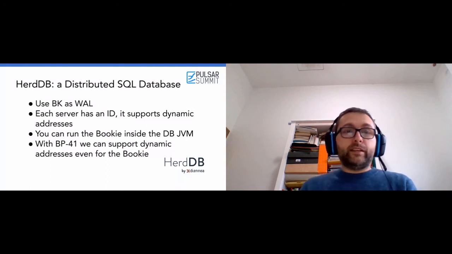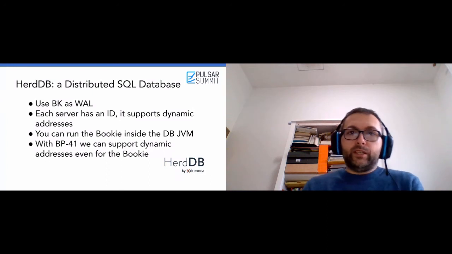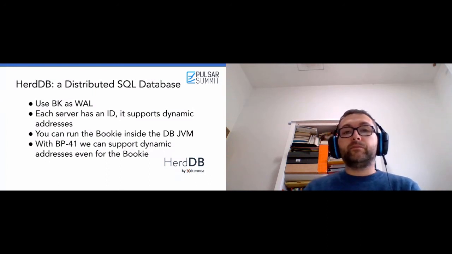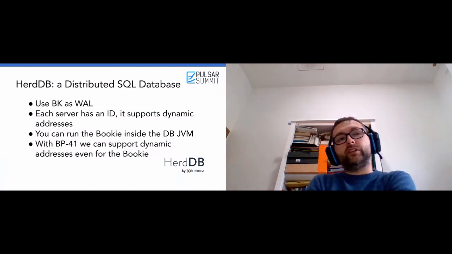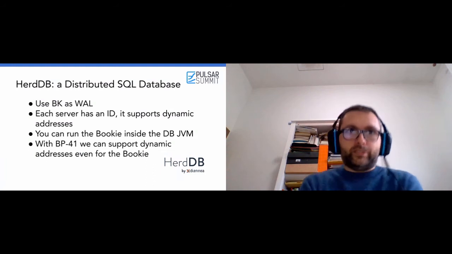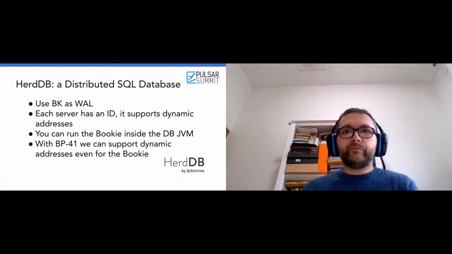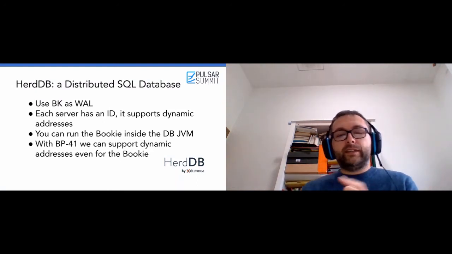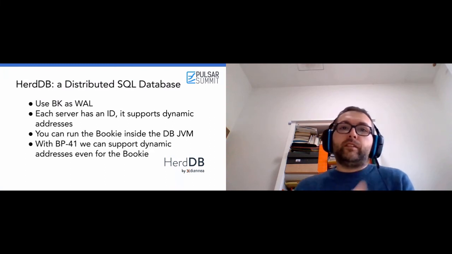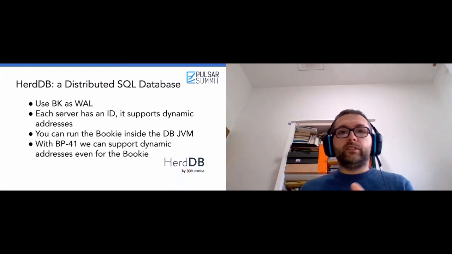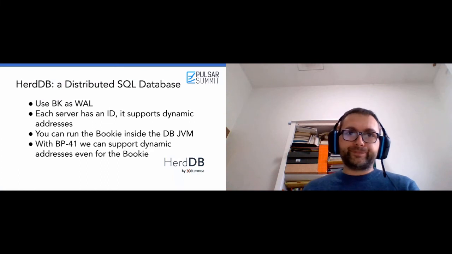And with HerdDB, you can run the Bookie inside the same JVM of the database or inside the same machine, because usually HerdDB users are pretty small clusters of 1 up to 3 machines or 5. And you run the database and the Bookie and the metadata service on all of the machines.